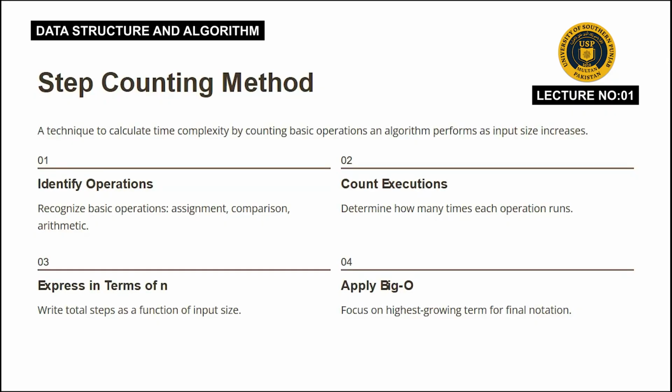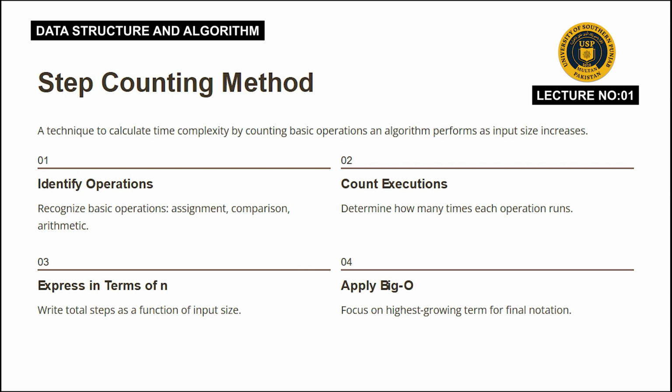Now we can see some examples to show how we measure the complexity of our algorithm. Now we discuss the step counting method, a technique to calculate time complexity by counting the basic operations an algorithm performs as input size increases. How does it work?